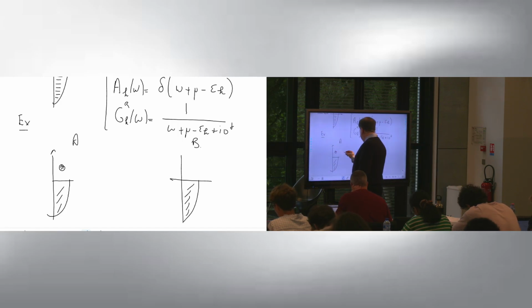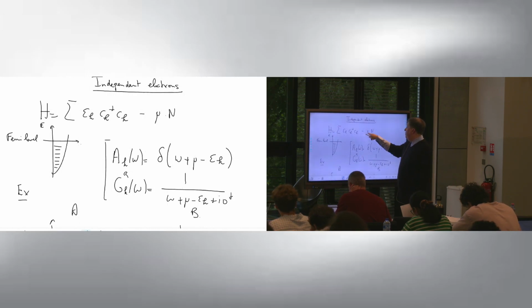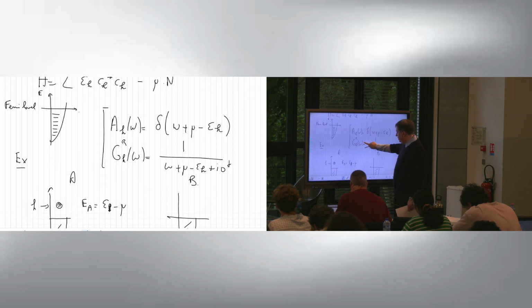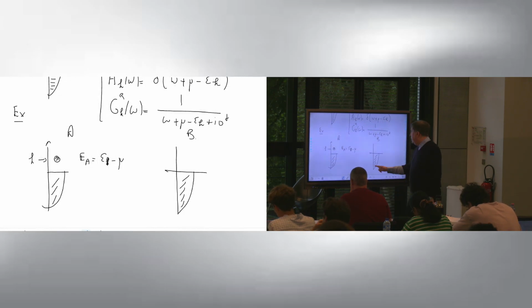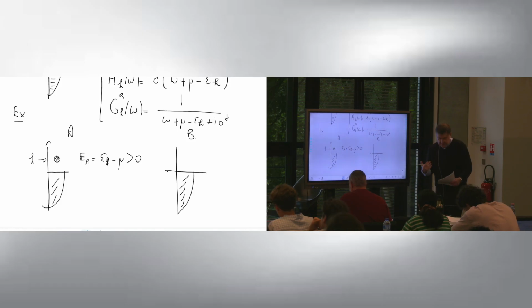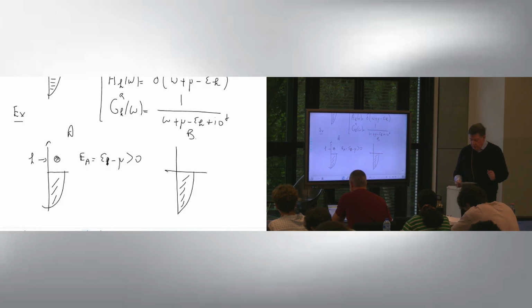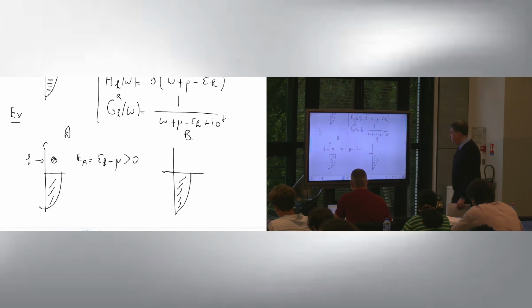So the energy E_A that you're going to have here, if that's at value k, is epsilon_k minus mu, because we have this term here and this term here. So we add an electron here. Because we are above the Fermi surface, this is positive. And you can replace into the previous formula, and you'll find that indeed it's consistent with this result.